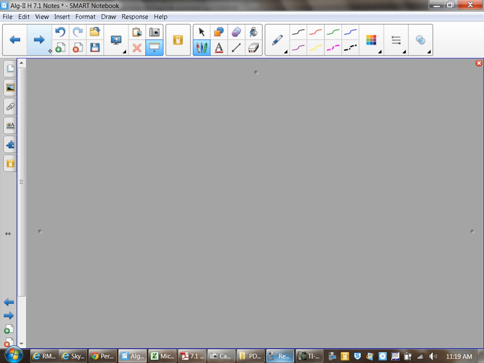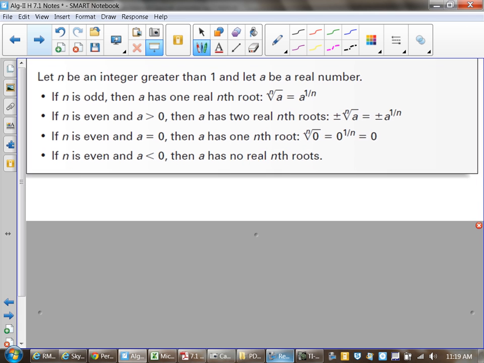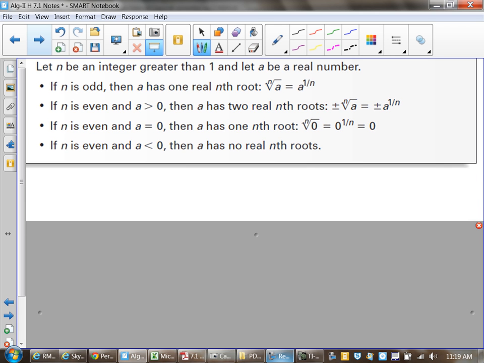When you're writing out these nth roots, there are some generic rules to look at. There's a lot of words here for something that's very simplistic. If you look at what we just did with the fourth root of 81, the nth root, that fourth root, is 4 even or odd? Even. Okay. The value of a, is it positive or negative? Positive.